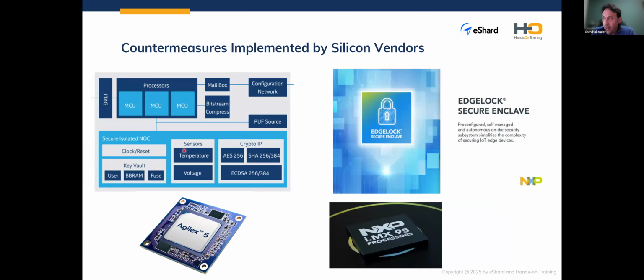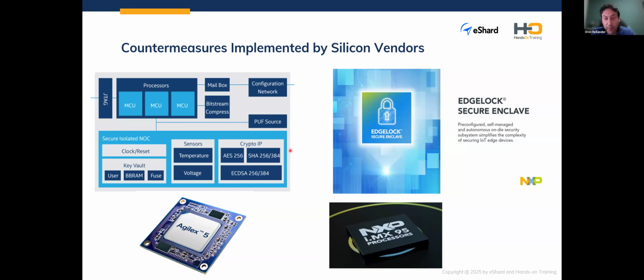Here I chose Altera Agilex 5, the latest FPGA from this company, and i.MX95, also a very new CPU from NXP. When I made a comparison between them, because recently I made a comparison between Agilex and Versal from AMD for the security features. Here I compared those two devices, and what I found is that there is a difference or divergence in security philosophy between these two companies.